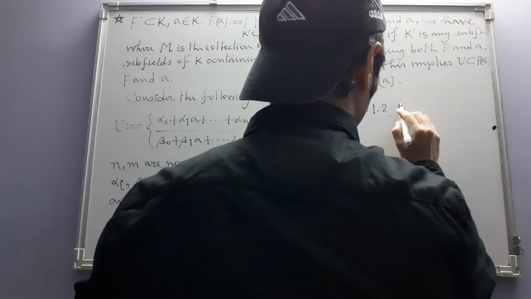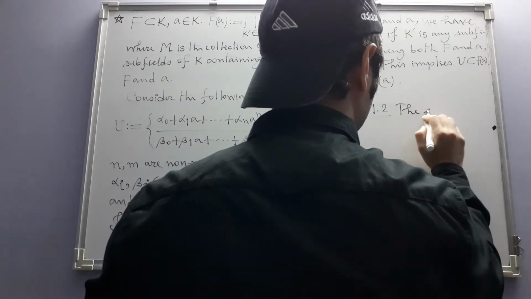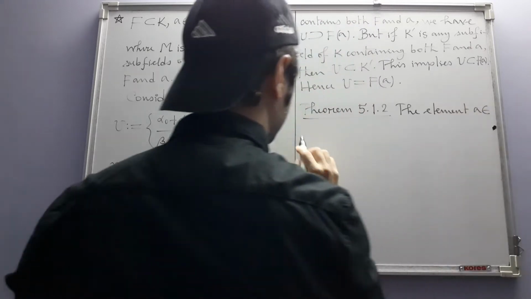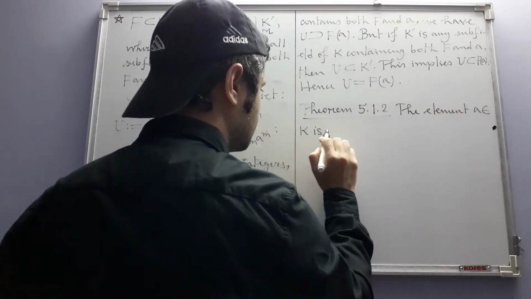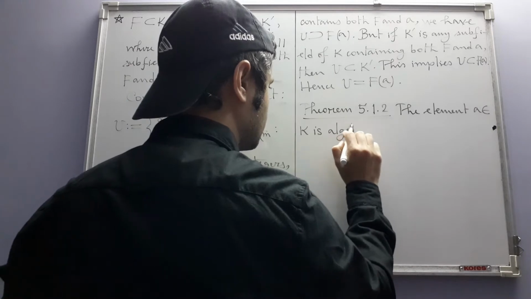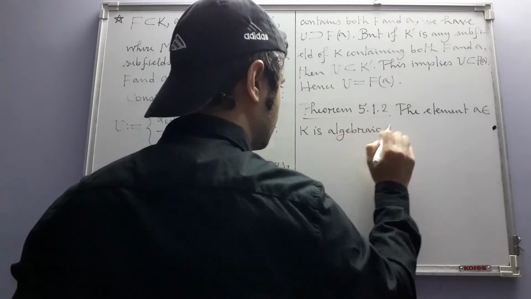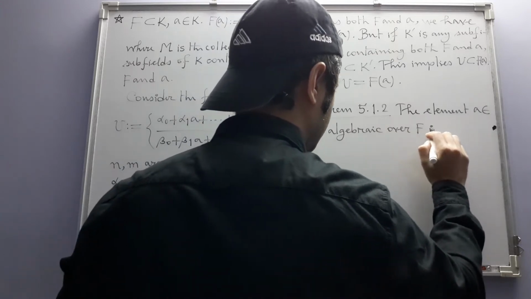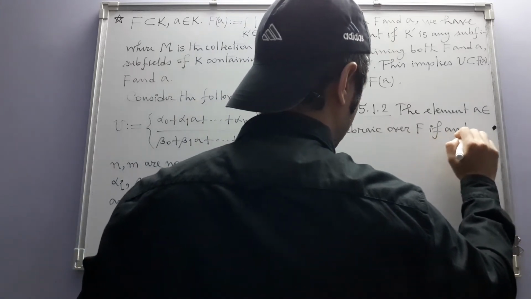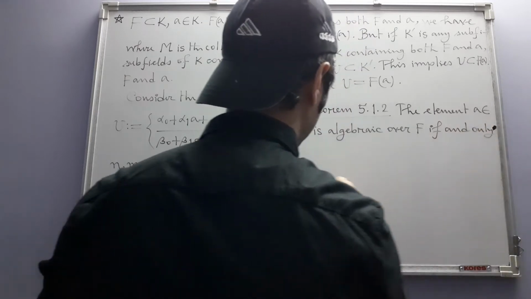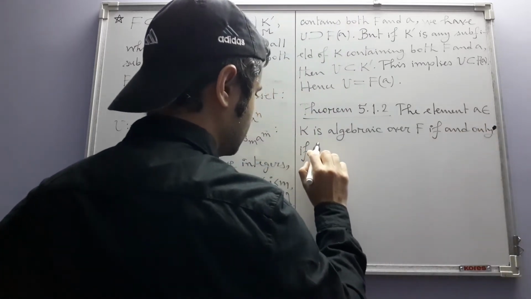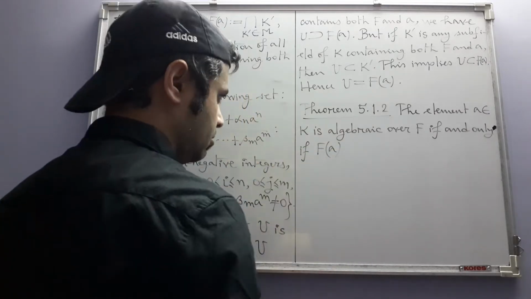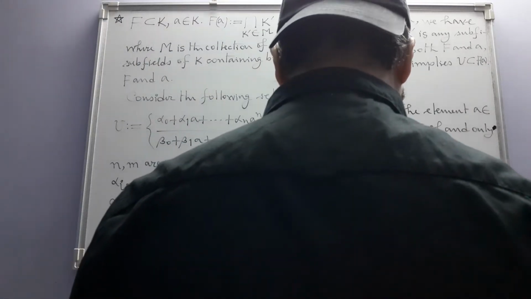The element A belonging to K is algebraic over F if and only if the subfield obtained by adjoining A to F is a finite extension of F.